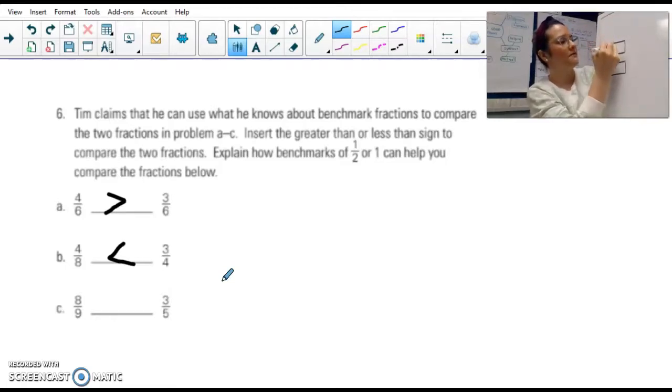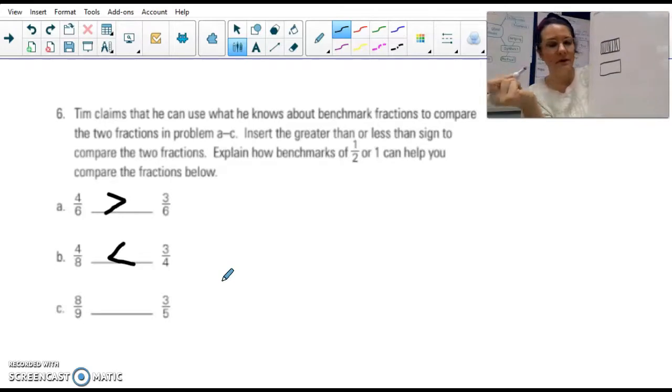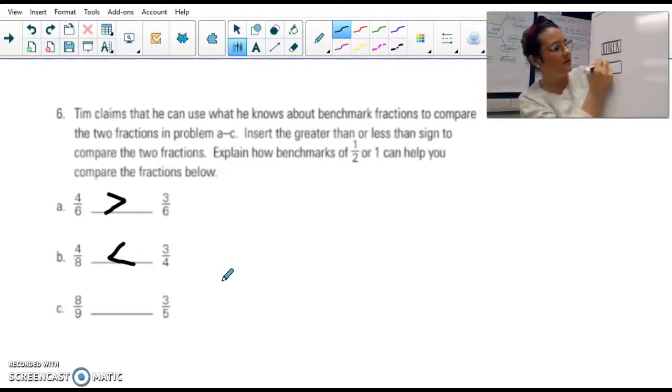2, 3, 4, 5, 6, 7, 8, 9. Okay. It's not perfect there. And then fifths. Let me move that one back over.